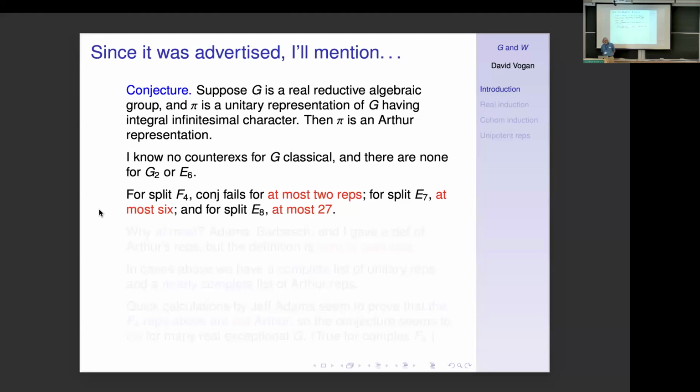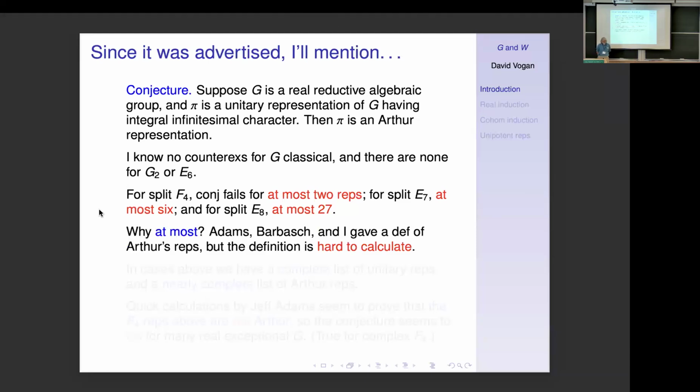In F4, what Atlas says is that there are two unitary representations of integral infinitesimal character, which might not be Arthur representations. For split E7, 6, and for split E8, 27, another small three-adic number.